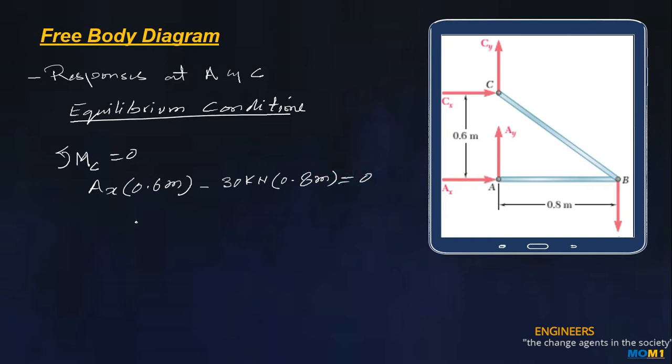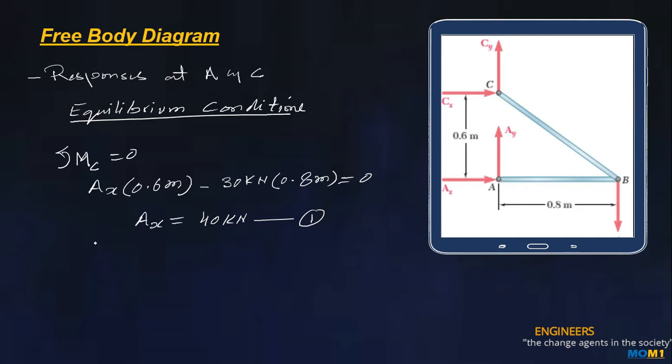So we get the value of the Ax component, that is 40 kilonewton. So this is equation 1.